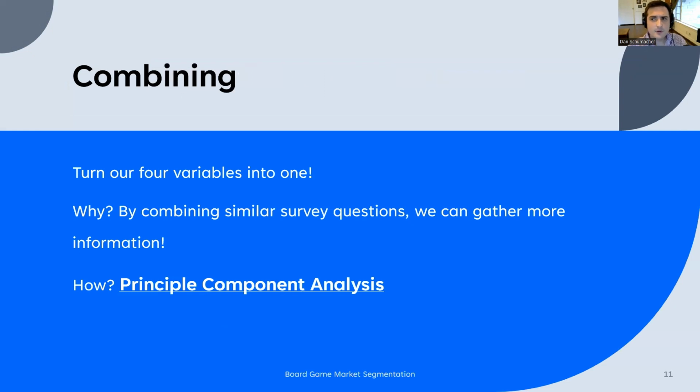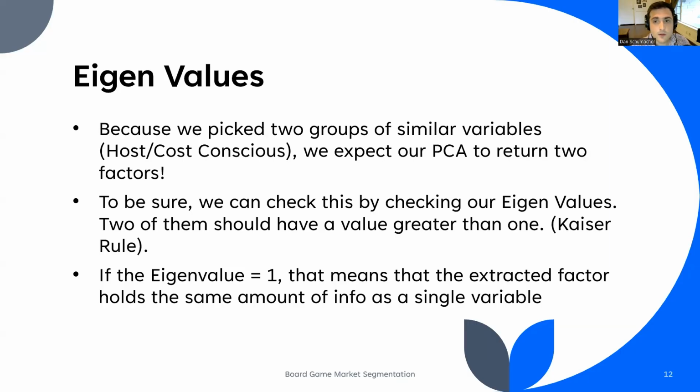Let's talk about principal component analysis, which is where we take similar variables and combine them into one mega variable. And this can give us more information than the single variables by themselves. So when we perform PCA, we need to look at the eigenvalues and make sure that only, in our case, two factors have an eigenvalue of greater than one.